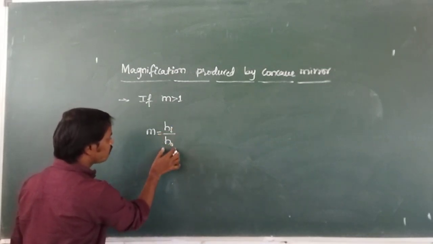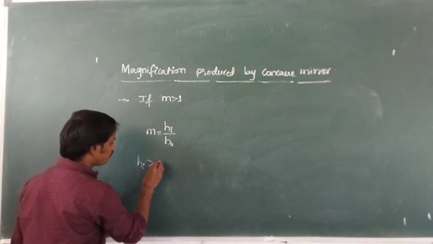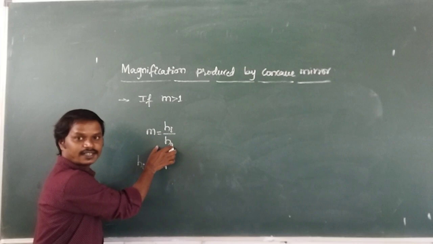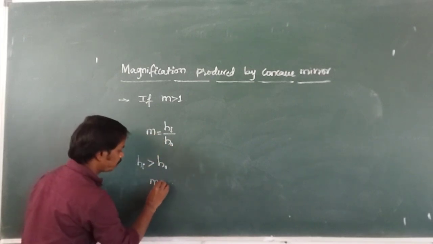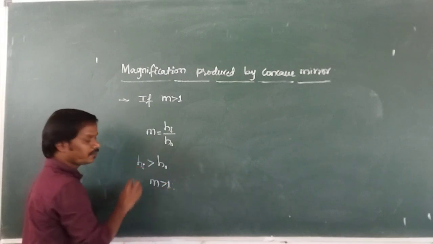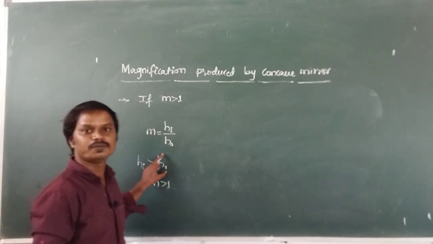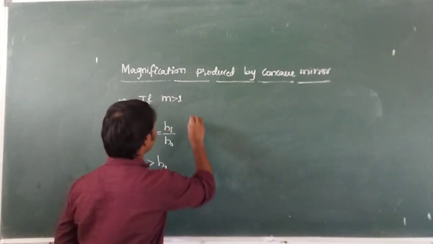If HI is greater than HO, meaning height of the image is greater than height of the object, the numerator is greater than the denominator, hence M is greater than 1. Then the image is said to be magnified or enlarged.